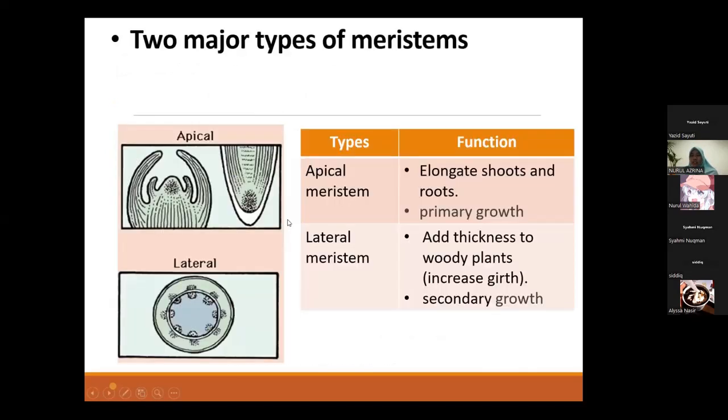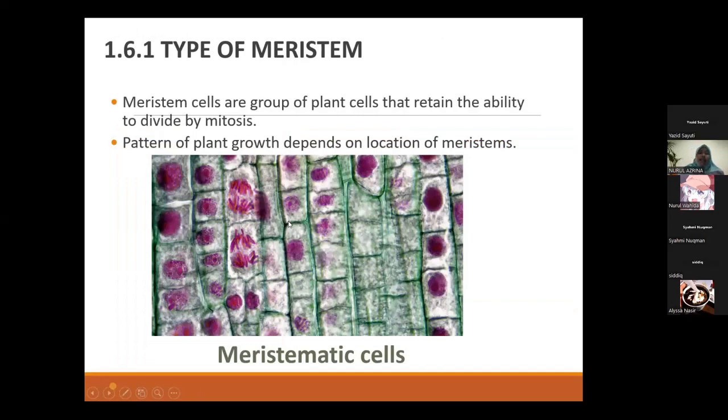So what is meristem tissue? Meristems are a group of plant cells that retain the ability to divide. Meaning, these are cells that are actively dividing by mitosis, so thus it helps the plant to grow.